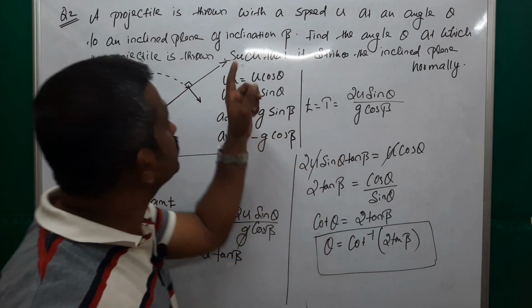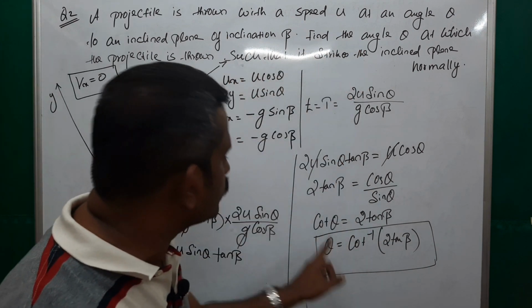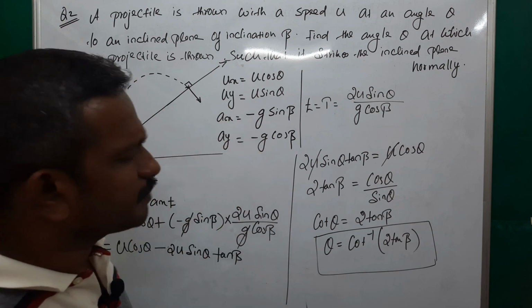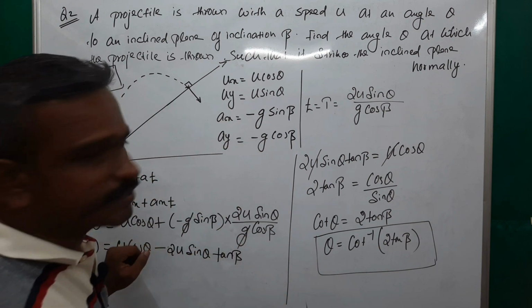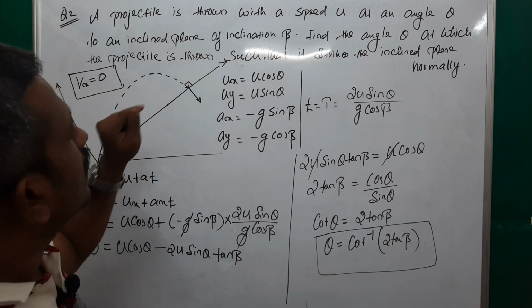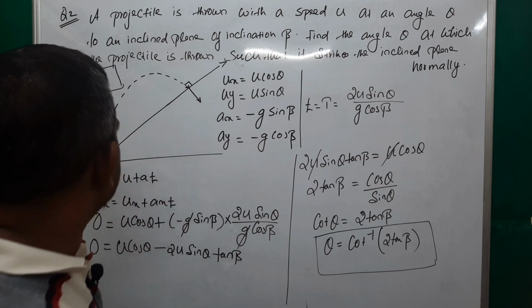So we have to find the angle theta at which the projectile is thrown, such that it hits the inclined plane normally.